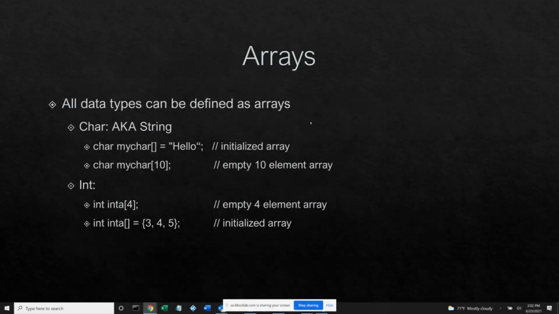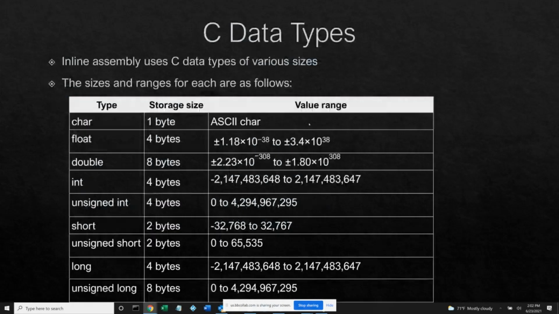So all data types can also be defined as arrays. All the items on this chart can also be represented as arrays. If you take a bunch of characters and create an array out of them, basically we're saying let's take each one of these and then put another one right after it, and then we can index or use pointers to locate the individual bytes that are part of that array.